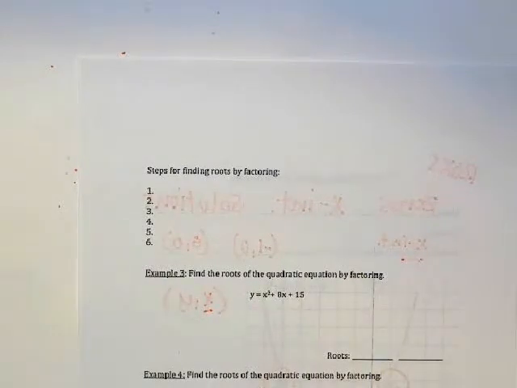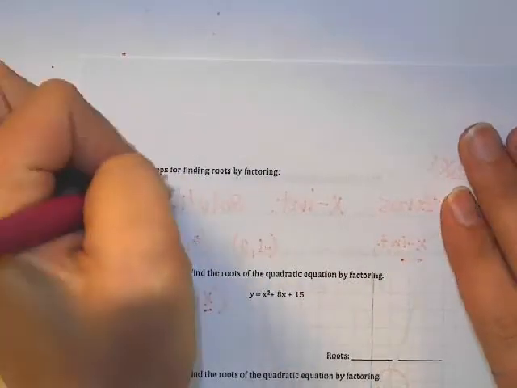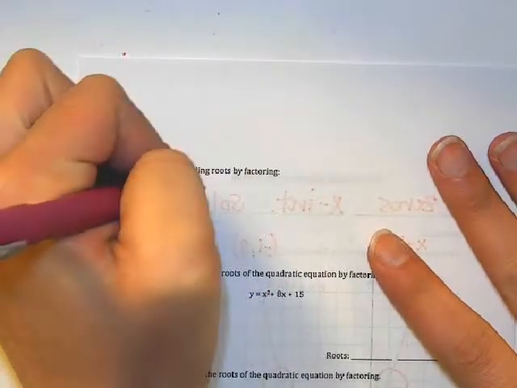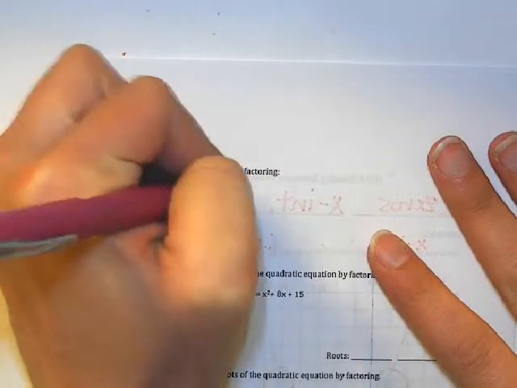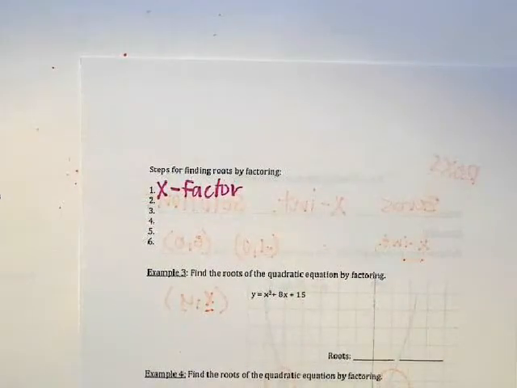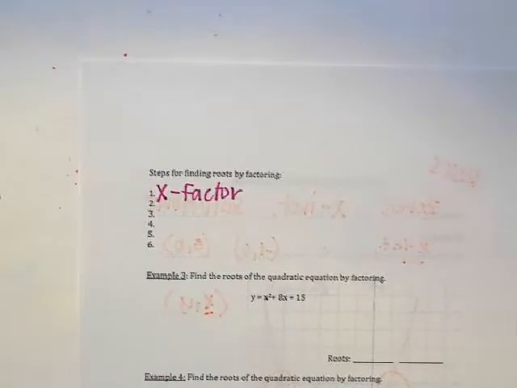Okay, steps for finding the roots. Now, there's not 6 steps. Okay, so step 1 is X factor. And that means everything with X factor. Finding the top number, finding the bottom number, finding the side numbers in the calculator, plugging it in the parentheses, all that is X factor. Okay?